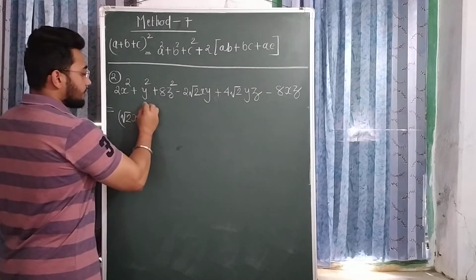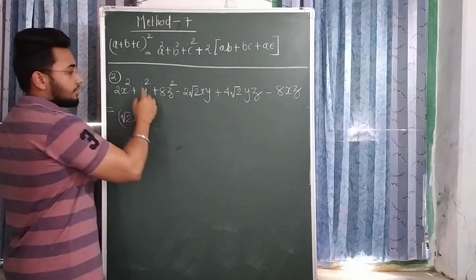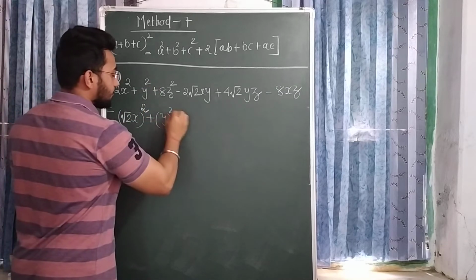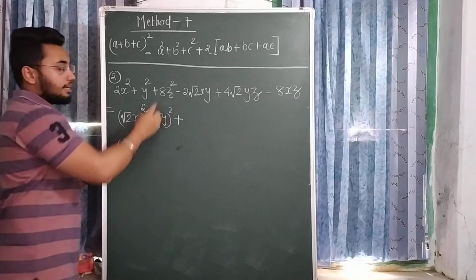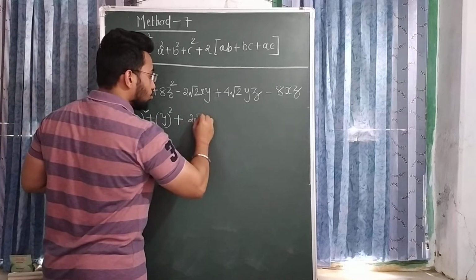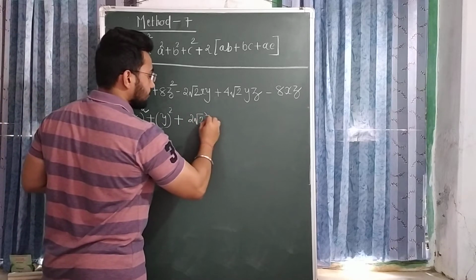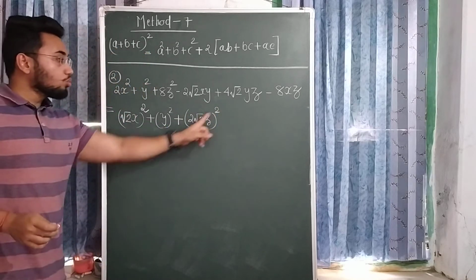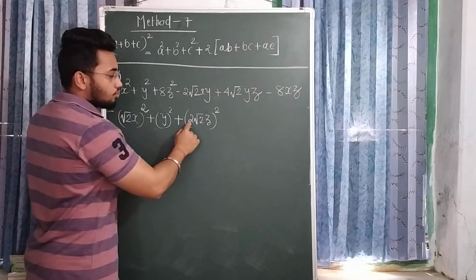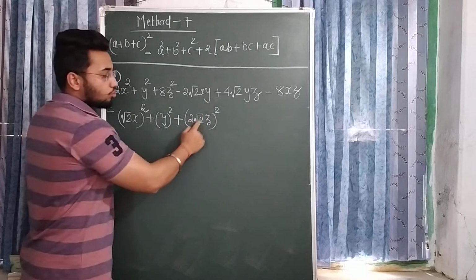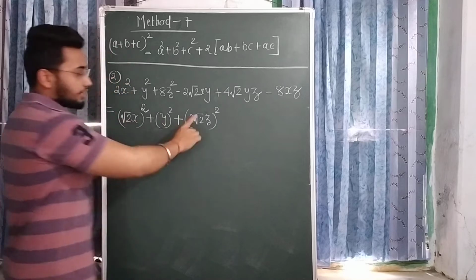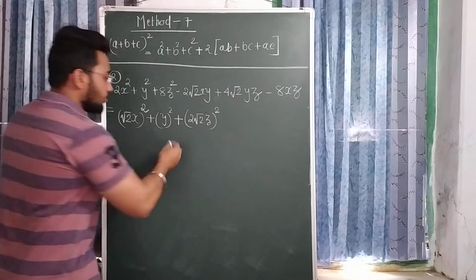Root 2 square. किसका स्क्वायर करेंगे तो y स्क्वायर होगा, ऑब्वियसली this is y. And 8 is a 2 root 2 square. 2 root 2 square is 8. Again 2 square 4, root 2 square 2, 4 2s are 8.